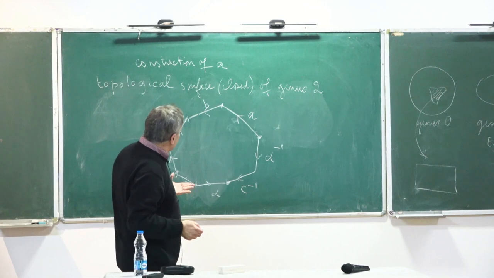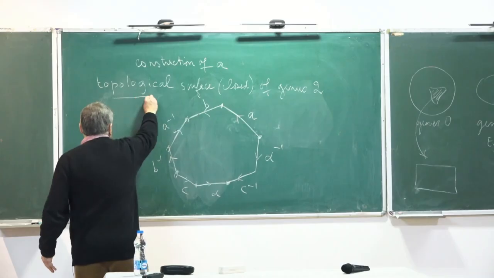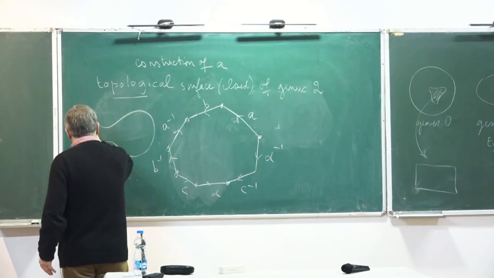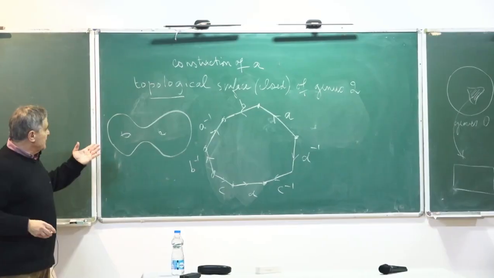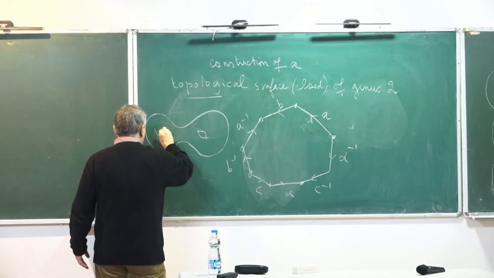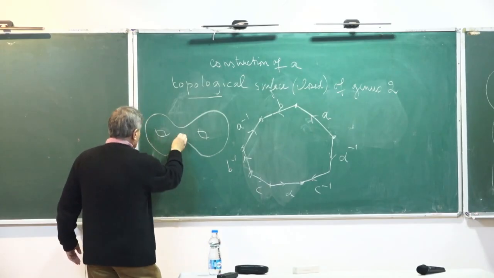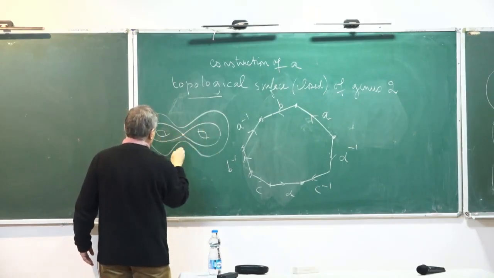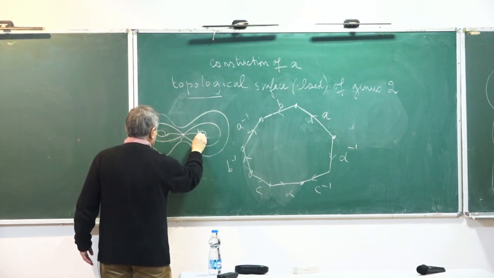What is the result, in fact? The result, topologically, is a surface. The result is this surface, and there's a picture, a picture which you learn if you have a course on such things. On this surface you have this curve and this curve, and then this curve and this curve.